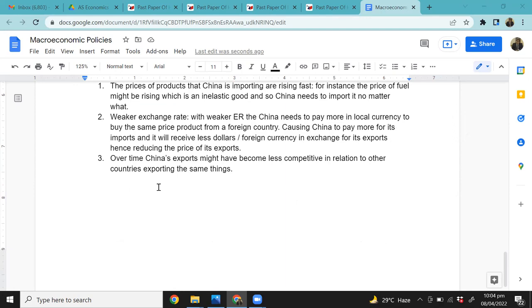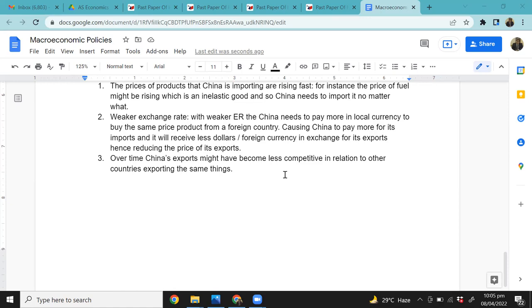Okay, now Minal, let's break down what you said. You are saying that an increase in the rate of inflation in trading partners, while the domestic rate remains the same, leads to deterioration of the TOT as the price of imports would rise. Okay, now your wording is a little unclear, Minal. So let's put it down like this.